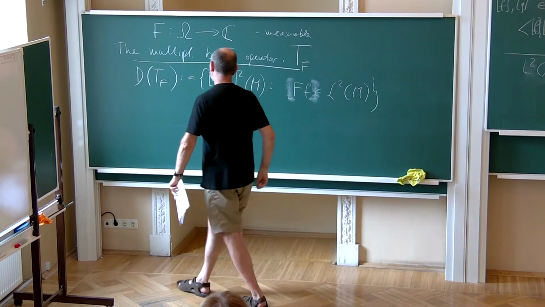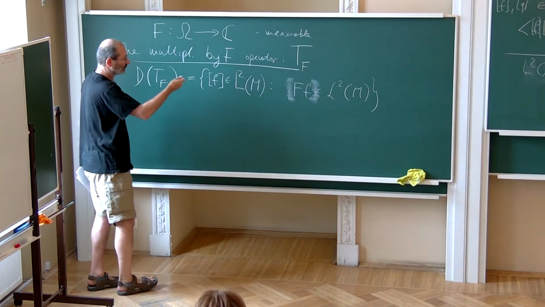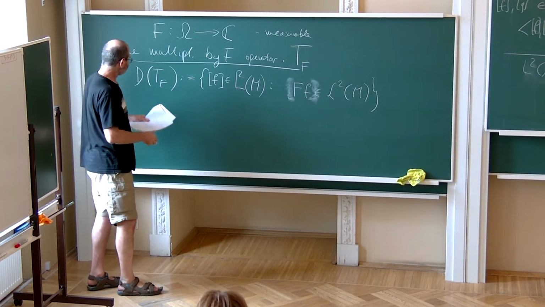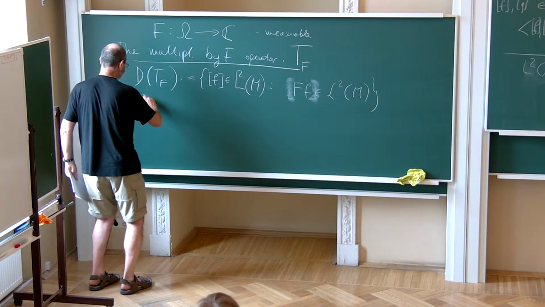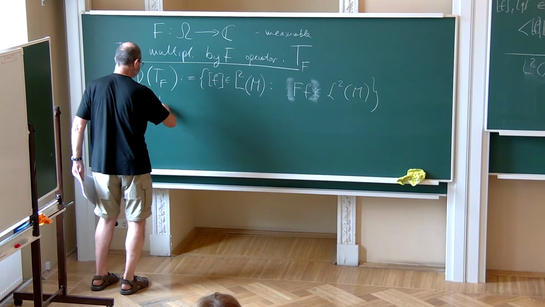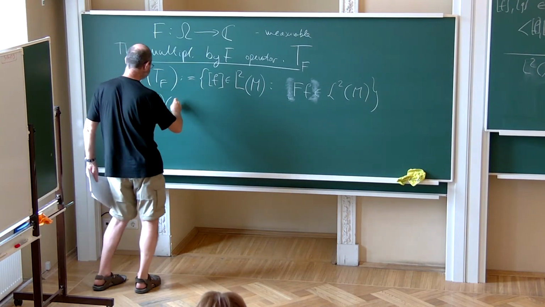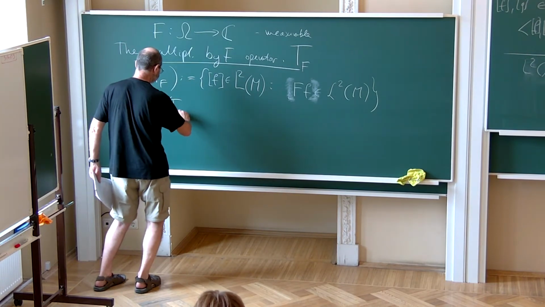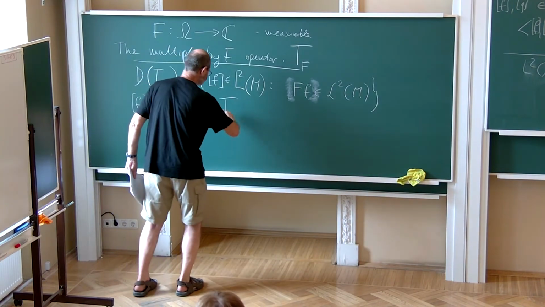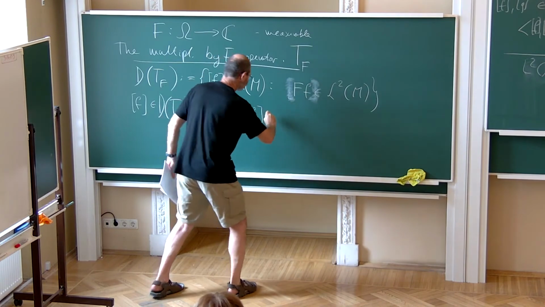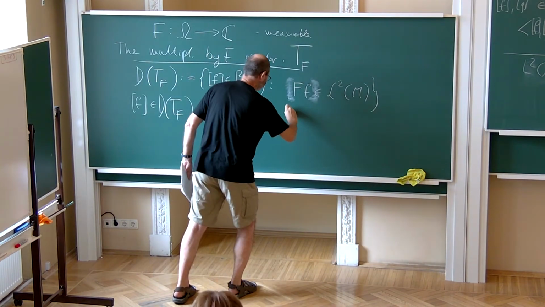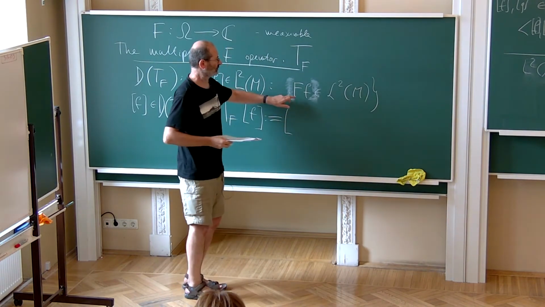Yes. So this is the domain, and of course, for f which belongs to the domain, for the class of f which belongs to the domain, we define T_F f just as the class of this.